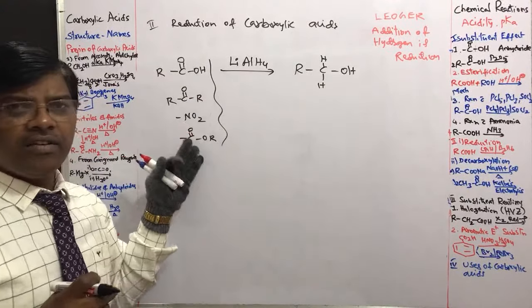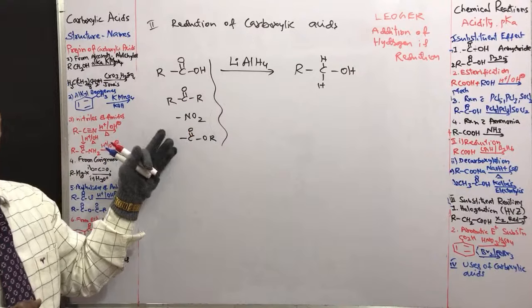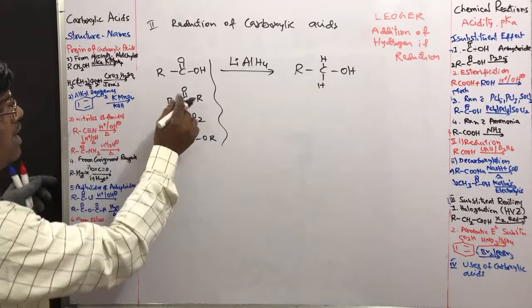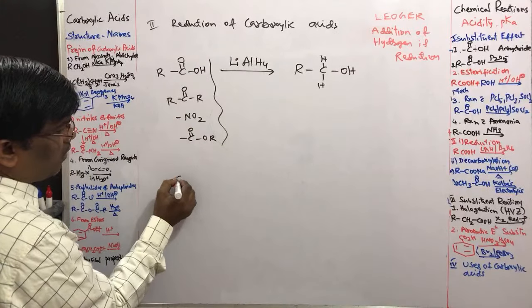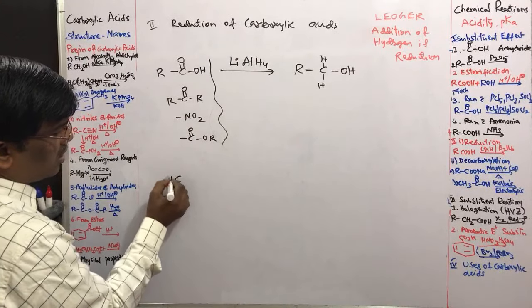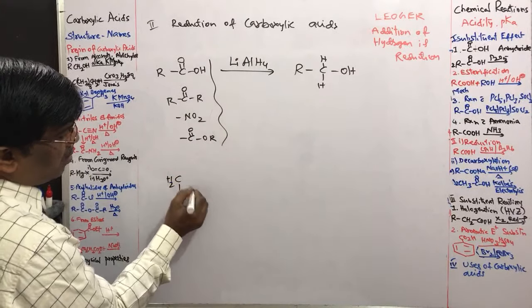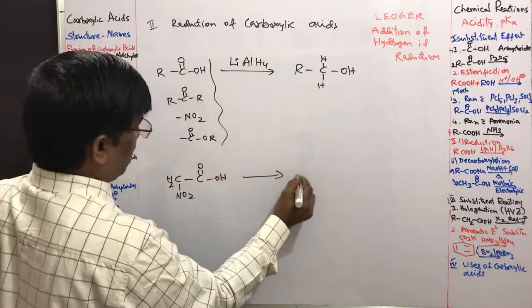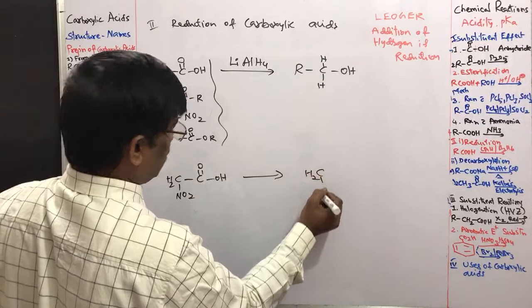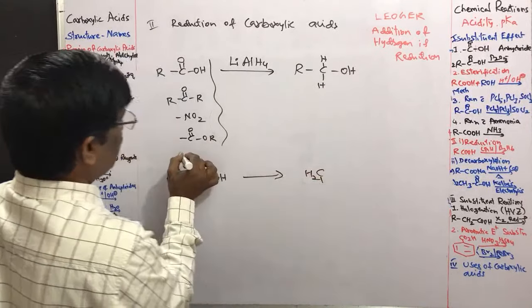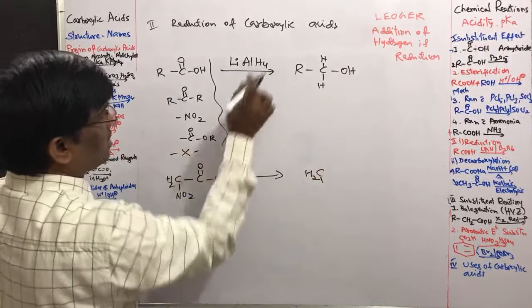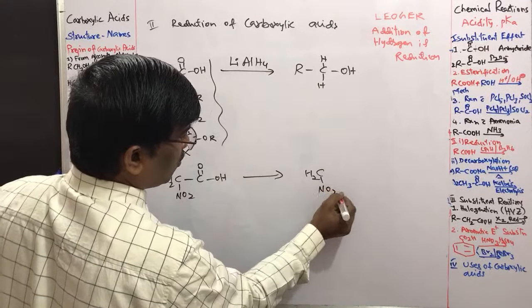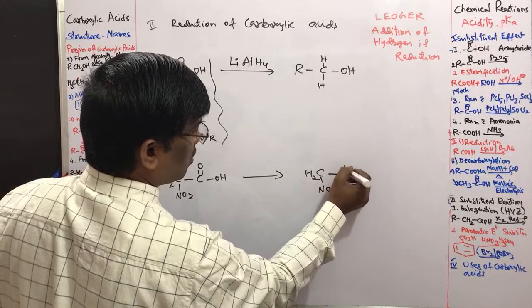So in your starting material, if you are doing some synthetic part, imagine that there is a nitro compound, for example, CH2, nitro, and COOH, and halogen also. Halogen is also reduced by LAH. And you are in need of the nitro compound.